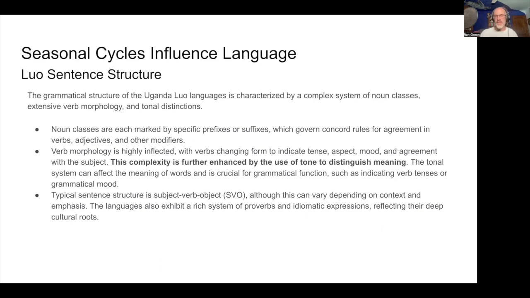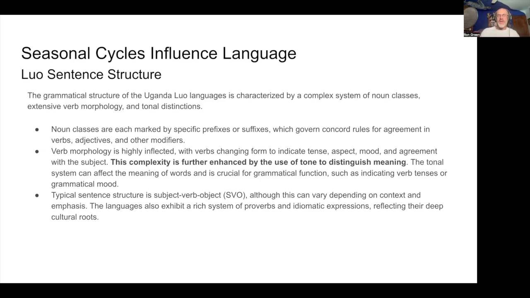This is really important because English doesn't necessarily have standardized tonal distinctions. We have some ideas of tonal distinctions, but the meaning or the semantics of a certain sentence does not actually depend always on the tonal inflection.